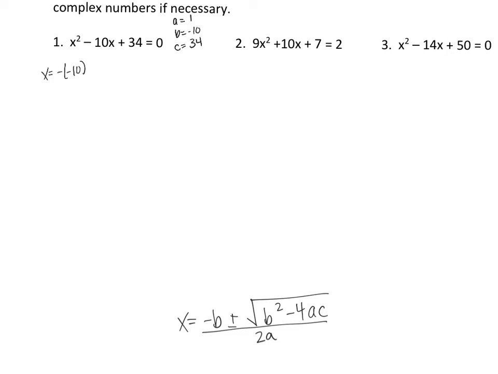-10. Super important that you're using parentheses every time we plug something in. Okay? Plus or minus the square root of (-10) squared minus 4 times a, which is 1, times 34, which is c, all over 2 times a.